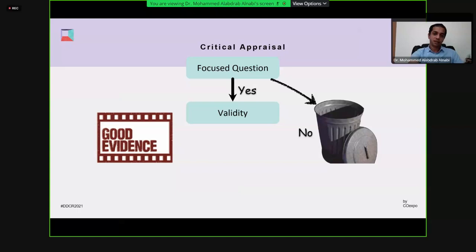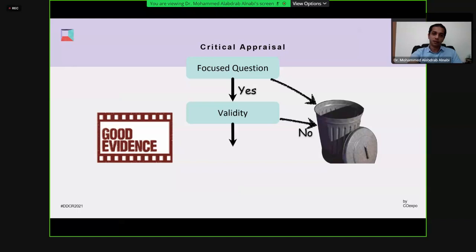So why is validity the first one? Because if the methods were wrong, if the design was wrong, then the results will definitely be wrong. Even if the results look shiny, but if the methods were wrong, it means the results are wrong. Garbage in, garbage out. So the study has to be valid internally.